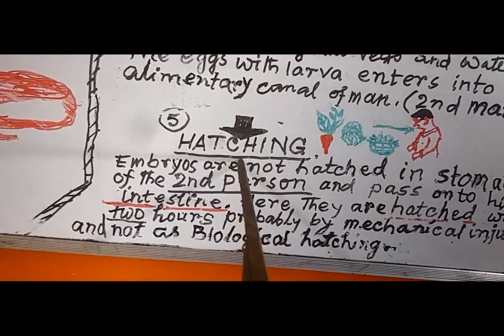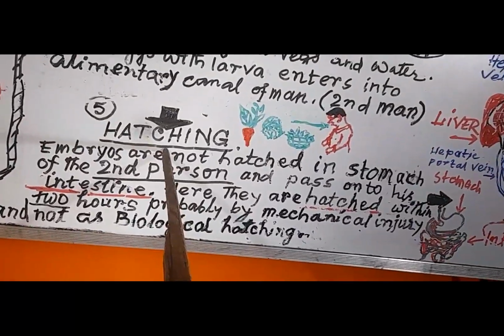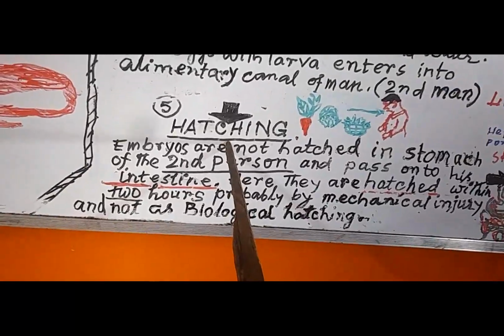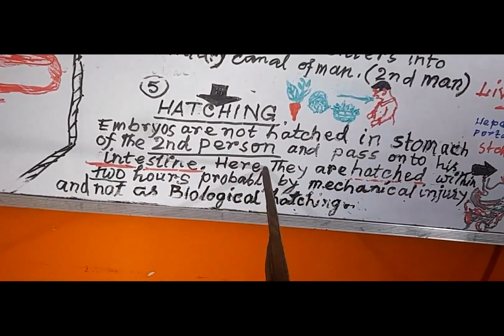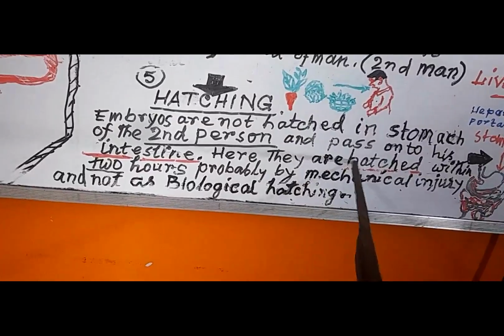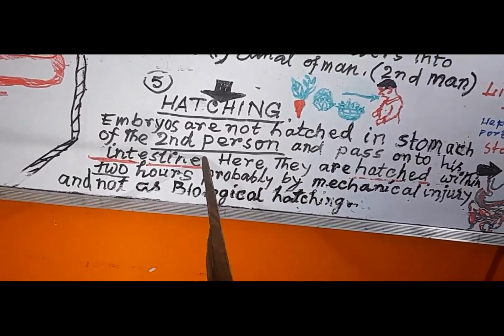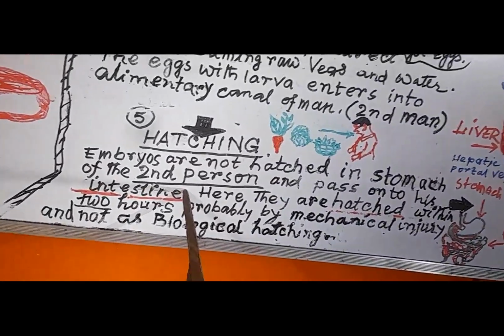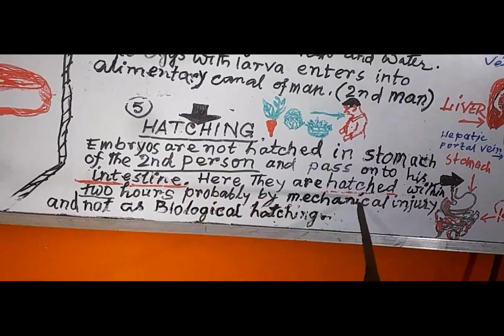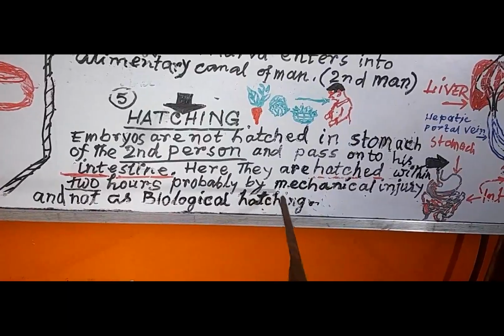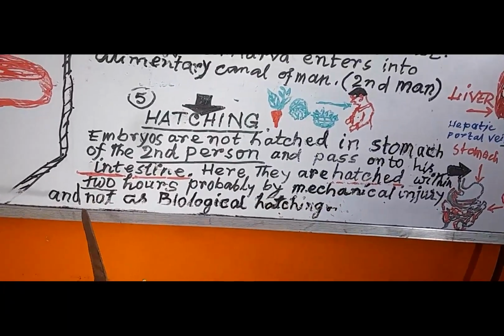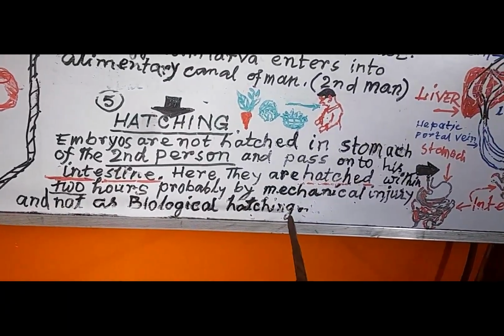Now hatching is done there in the body of the second man. The embryos are not hatched in the stomach of the second person and pass on to his intestine. Here they are hatched within 2 hours, probably by mechanical injury and not by biological hatching.